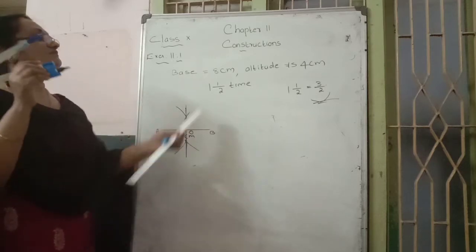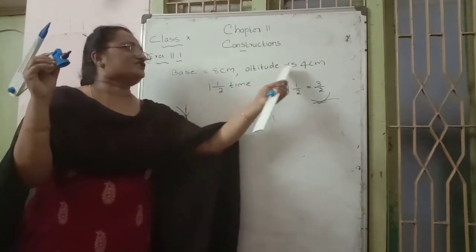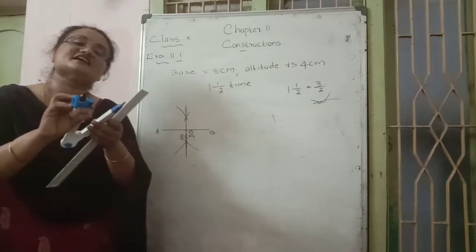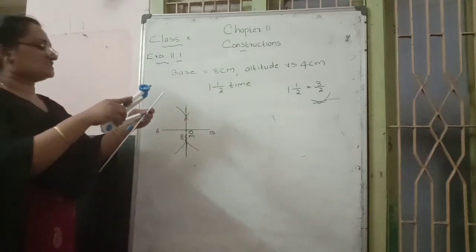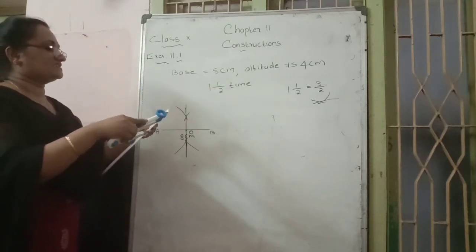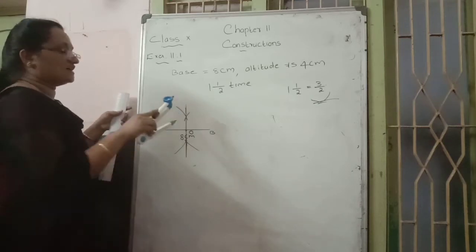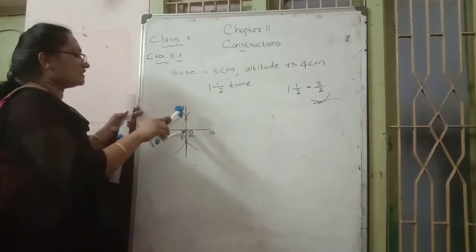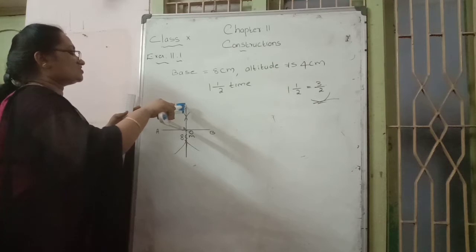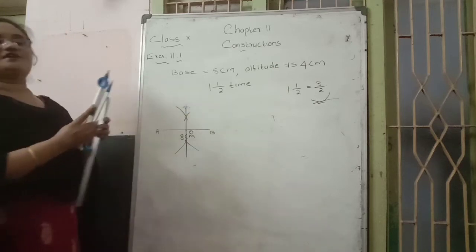Then afterwards the triangle altitude is given. How much is there? 4 centimeter. So take 4 centimeter in a compass, and with O as center, draw an arc on the perpendicular.